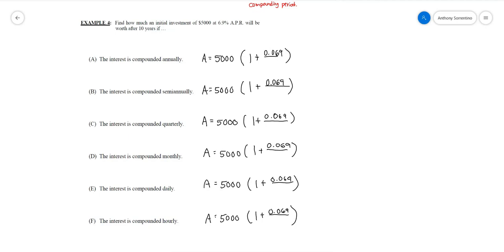I'm going to hold off on N for a second, but the T is going to be 10. So all these are going to be identical in this fashion. All that's going to be different is the compounding period. So when you see compounded annually, that means that I'm just doing this once per year. So N is going to be 1.